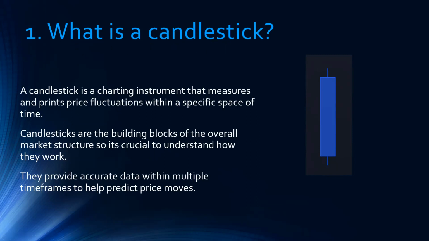You will see them on your TradingView. But smart money traders use the actual candlestick, the Japanese candlestick, and these are price action and market structure themselves. They're the building blocks for the overall market structure. So it's crucial that you understand how they work.